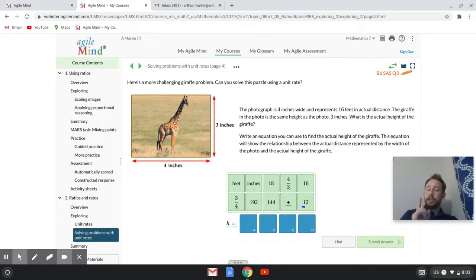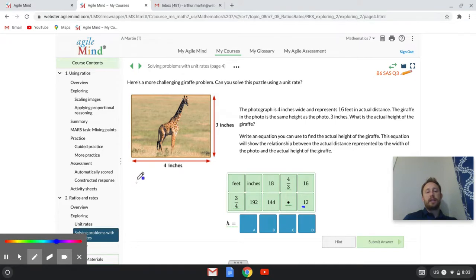There's 2 ways we can do it. But notice it wants us to write an equation. So remember a while ago, we know that h equals what times what. So what was the constant of proportionality? Remember, the constant is when we do y divided by x to get k.